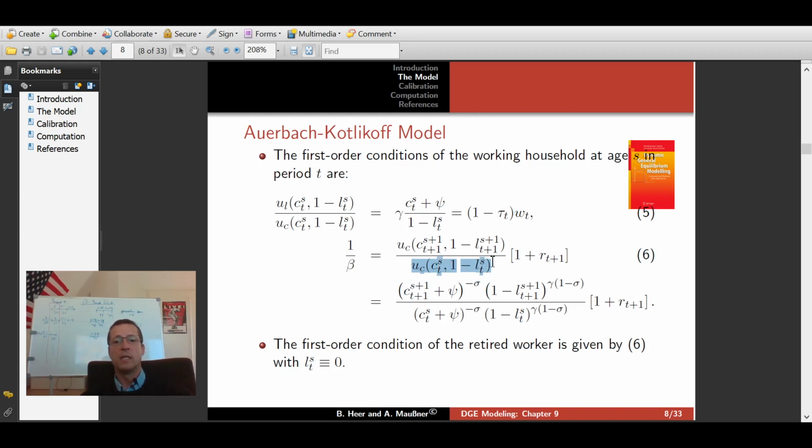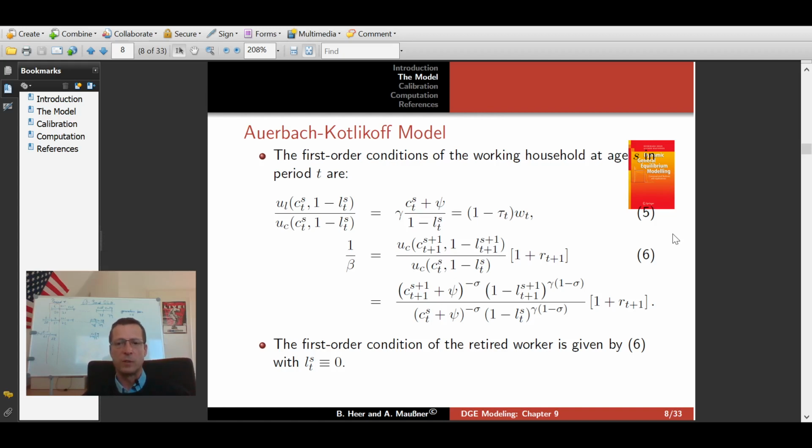And of course, in the optimum, we have to be indifferent between the use of an extra unit of the consumption income, either in consumption today or consumption tomorrow. And when we substitute our Cobb-Douglas utility function in equation 6, we are left with the bottom equation here on slide 8.